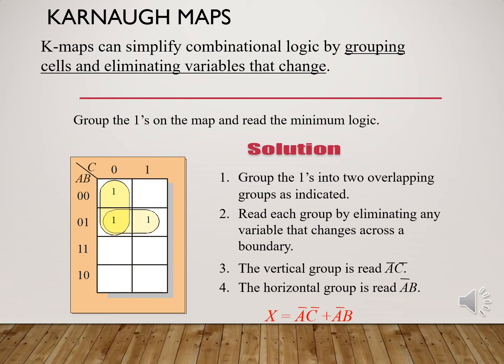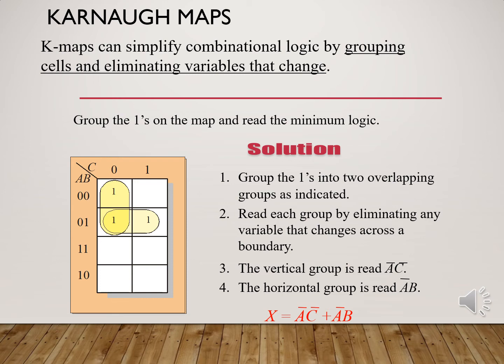So here we have two groups, vertically two ones and horizontally two ones, and they are overlapping. So we have a common cell here. Now let us see. For the first row, we have A bar, B bar, C bar.